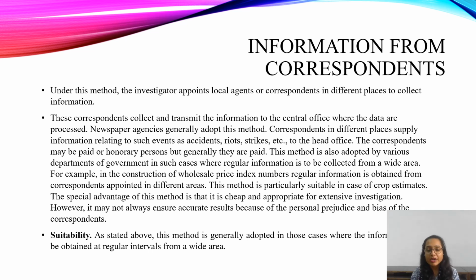The special advantage of this method is that it is cheap and appropriate for extensive investigation. However, it may not always ensure accurate results because of the personal prejudice and bias of the correspondents.